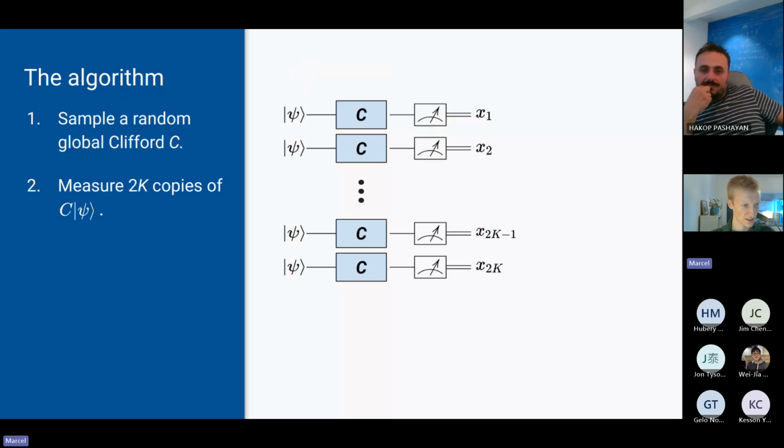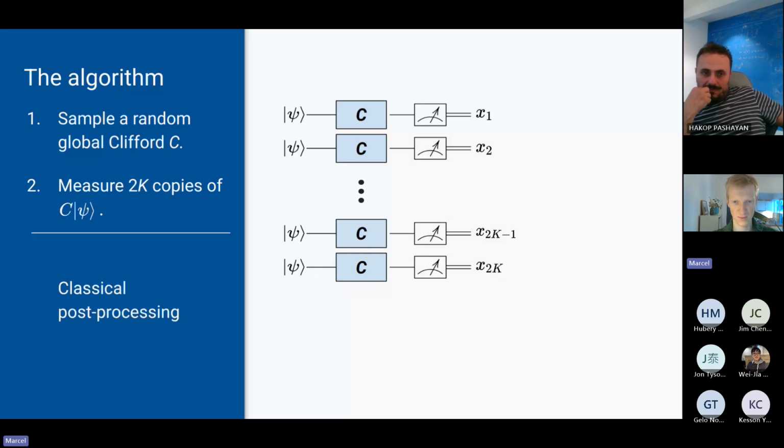You take the same state, apply the same Clifford, and measure over and over again until you have collected a lot of data. This basically summarizes the quantum part of the algorithm. It's very simple.